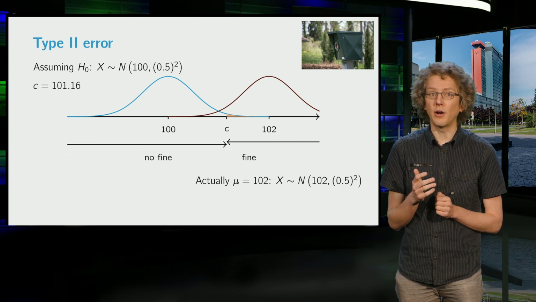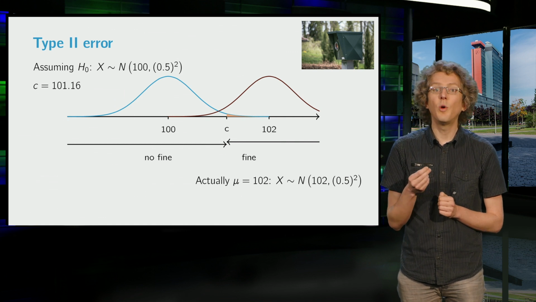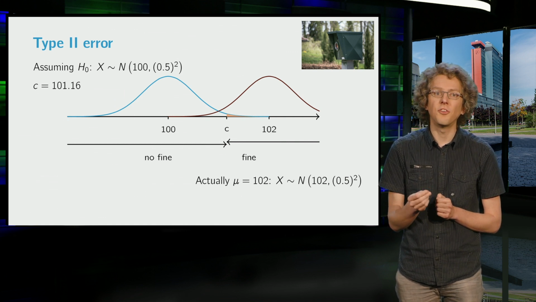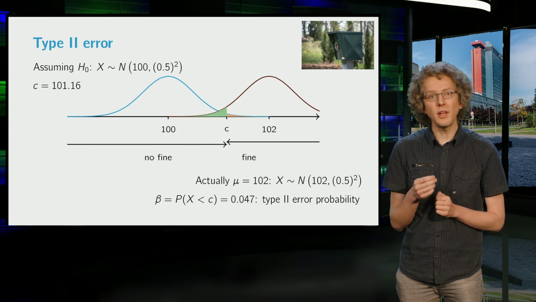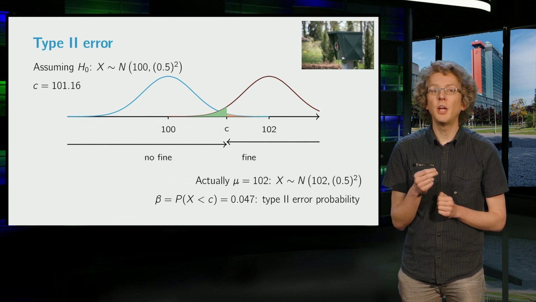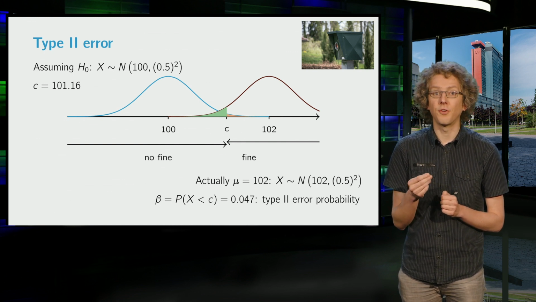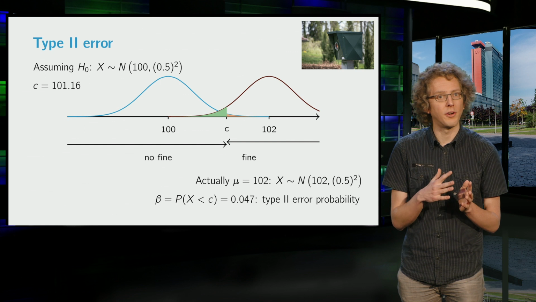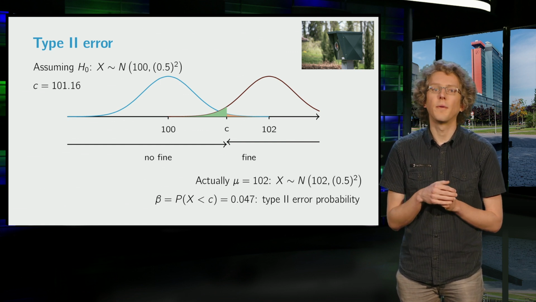The probability of a type 2 error is the probability that they do not get a fine, which means that the measured velocity does not exceed c. This probability equals 0.047. As you can see, this type 2 error probability corresponds to the area in green, the one below the density function for this actual velocity of 102, to the left of the critical value c.